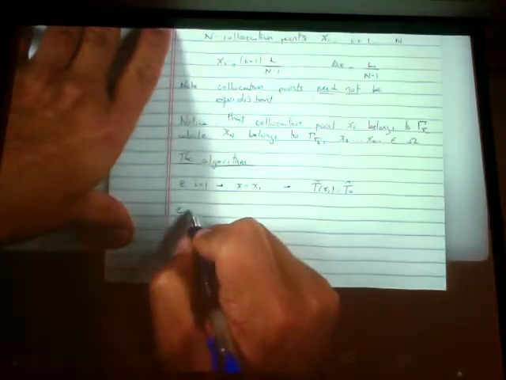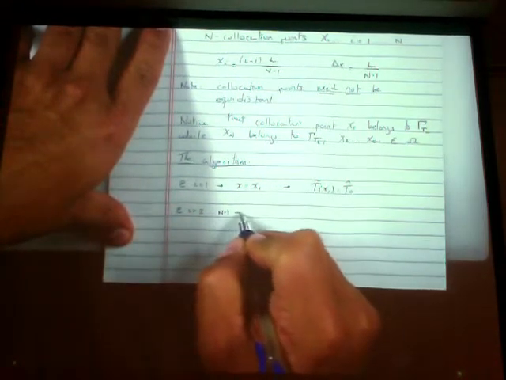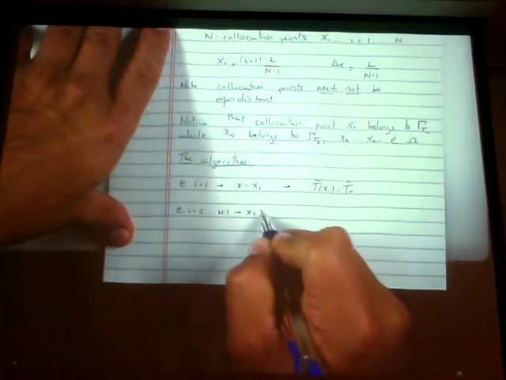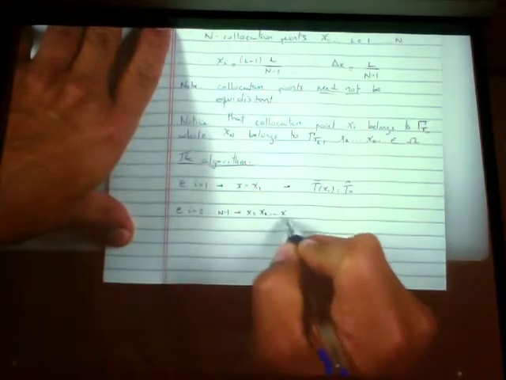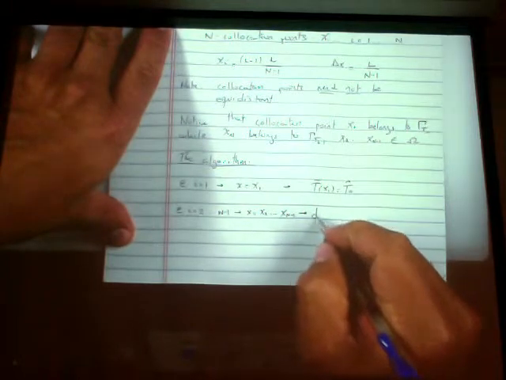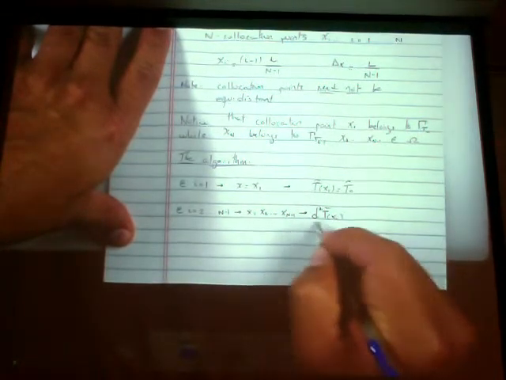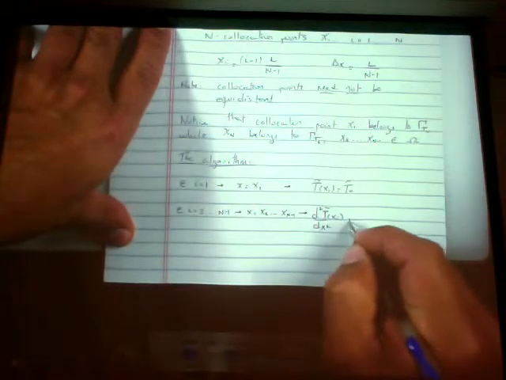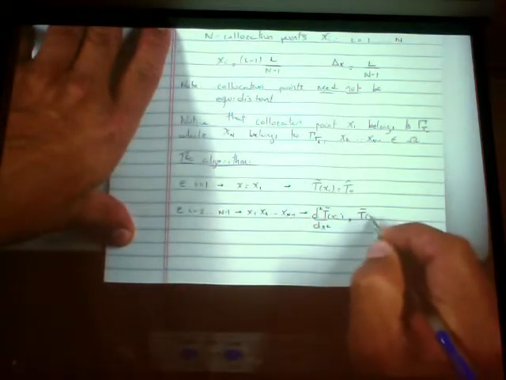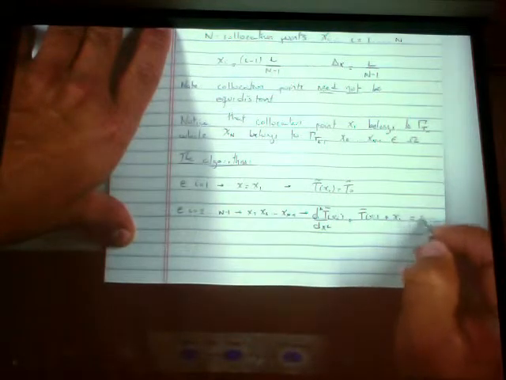At i equals 2 through n minus 1, x is x2 through xn minus 1. And what we try to do is satisfy the second derivative d squared T of xi dx squared plus T of xi plus xi is equal to 0.